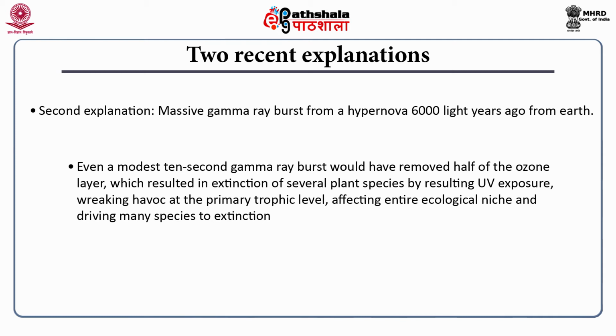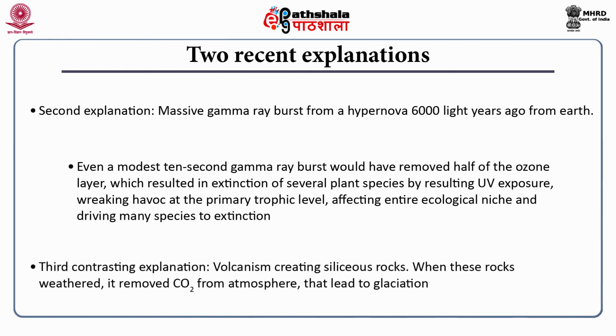That effect is a lot more serious, because without the ozone layer none of the surface inhabitants on planet Earth could ever live. Several plant species would go extinct almost immediately, and because of the absence of the ozone layer, the UV radiation exposure would be quite high. That would have wreaked havoc at the primary trophic level, affecting the entire ecological niche and driving many species to extinction.